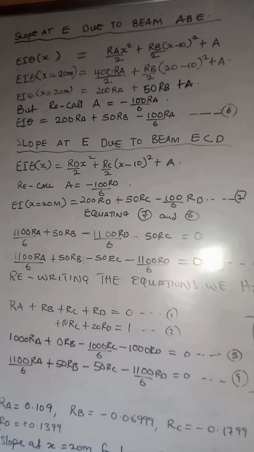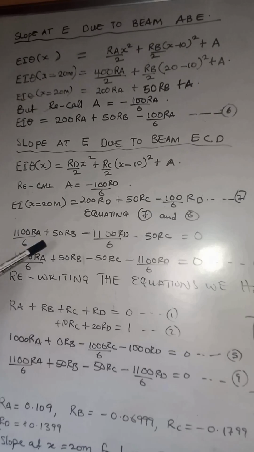Now we are going to equate equation 7 and equation 6, because we know that they are both the equation for the slope at point E. Of course, we are going to have equal slope because the beam is symmetrically divided at the midspan between the two adjacent spans.